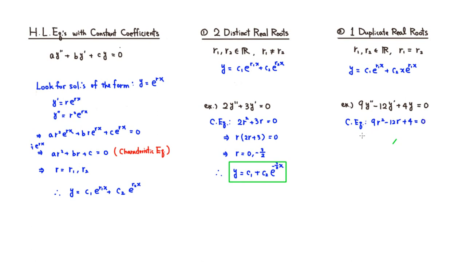Then we can factor this out, and I think this factors as (3r minus 2) squared equal to 0. Then you get the r value, which is 2/3, which is repeated.